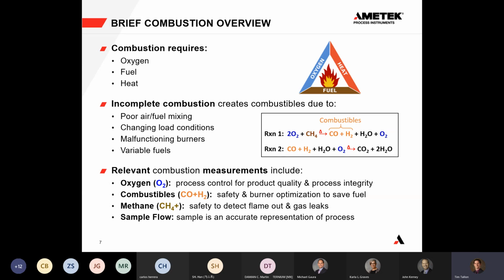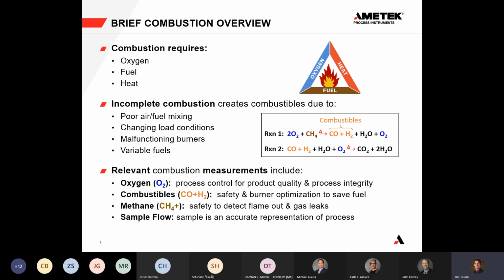Now, in order to measure this, we monitor for combustion with some important measurements. A combustion analyzer can measure oxygen for process control, product quality, process integrity. You can also monitor combustibles, carbon monoxide and hydrogen, for burner optimization to save fuel, to reduce emissions, which we'll talk about later, and also methane measurement to ensure safety from flame out and gas leaks.